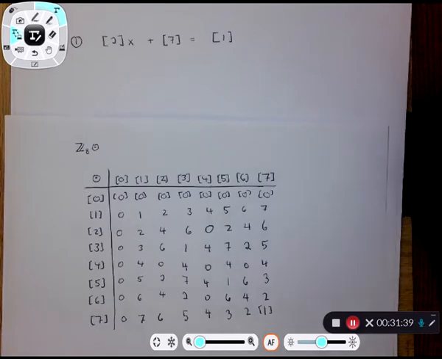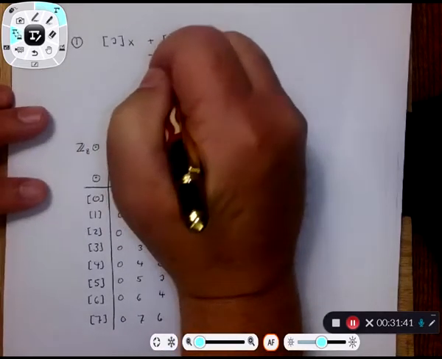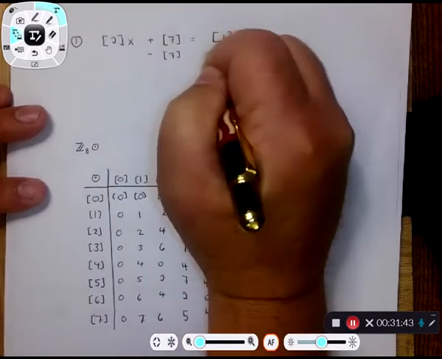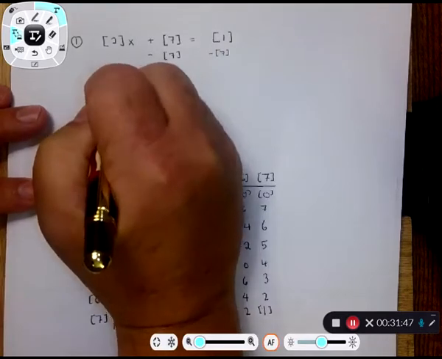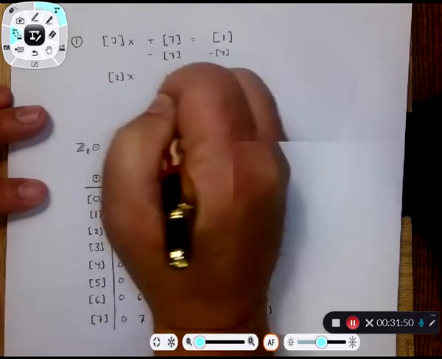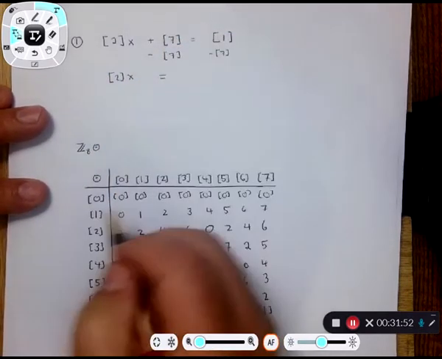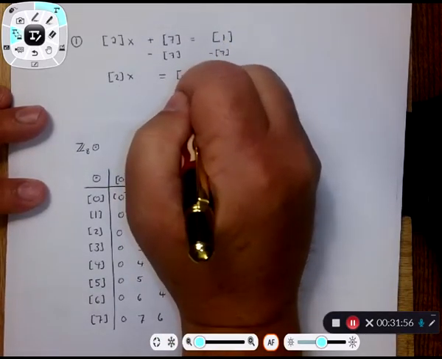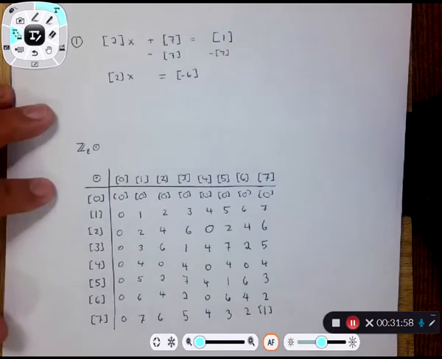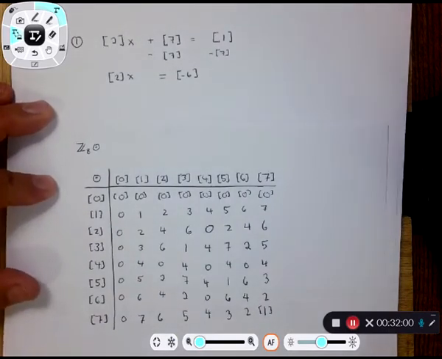Well, I'm going to do classic algebra here. I'm going to subtract equivalence class 7 from both sides. What I do to one side, I do to the other. So this would leave me with equivalence class 2 times x equals, because that would have canceled, and 1 minus 7 is officially negative 6. But equivalence class negative 6 is not allowed. You've got to have a number between 0 and 7.